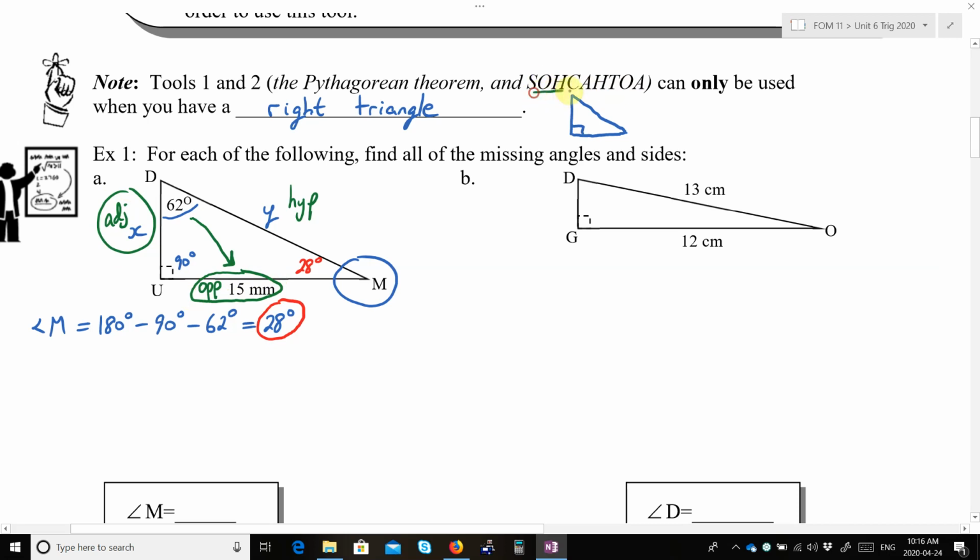Look at this SOHCAHTOA acronym. OA is opposite and adjacent. That comes from tan. So I would go tan of 62 degrees is equal to 15 divided by x. And remember, when we have an equation like this, these two switch. So x is equal to 15 over tan 62.